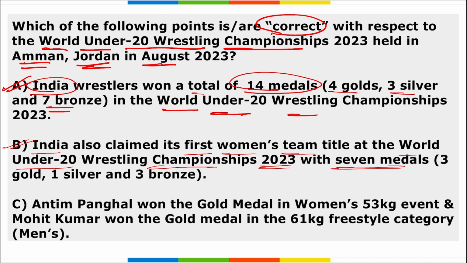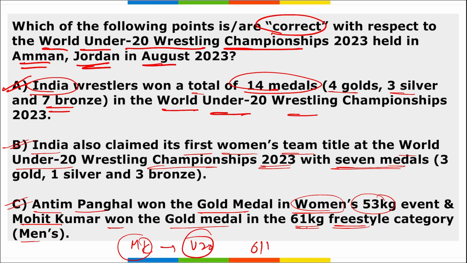So yes, B is correct. C, Antim Panghal won the gold medal in the women's 53 kg event, and Mohit Kumar won the gold medal in the 61 kg freestyle category. So option C is also rightly mentioned here. Apart from this, remember Mohit Kumar became the under-20 world champion in the 61 kg category.